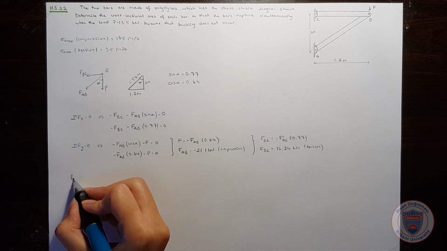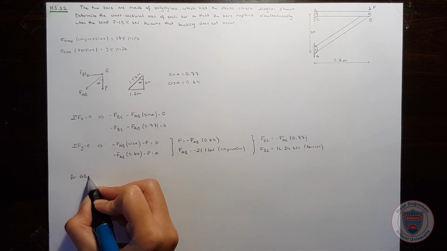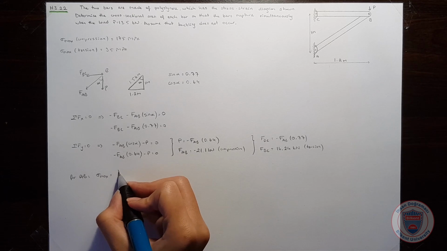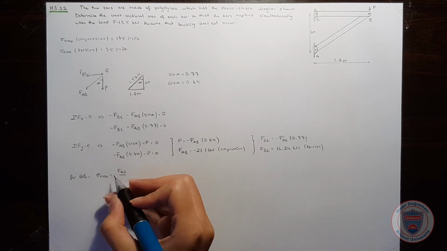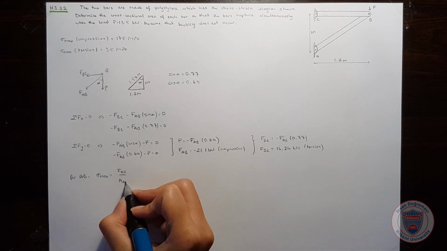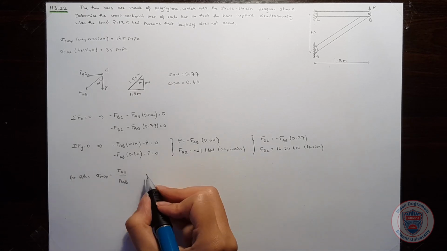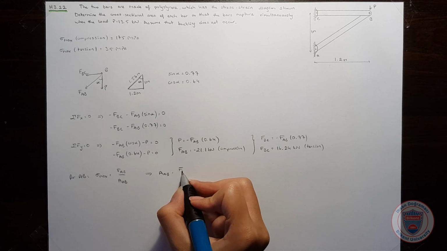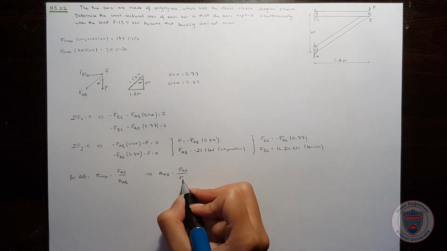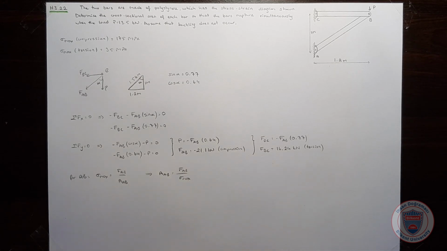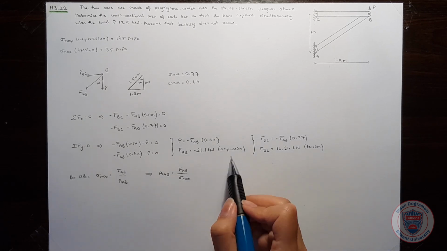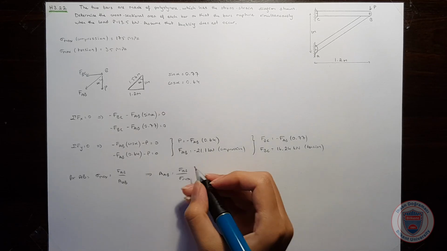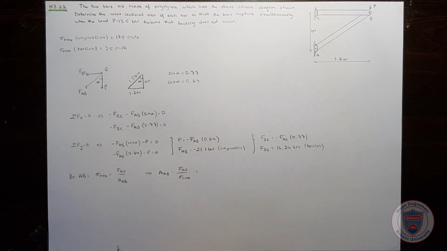So for AB, sigma max will be equal to FAB over the area of AB. And area of AB will be equal to FAB over sigma max. Since FAB is compression, we will use the stress value for compression, which is 175 MPa.